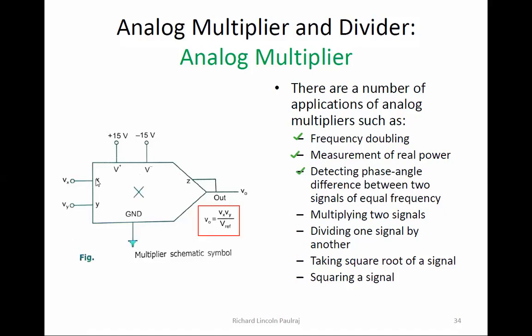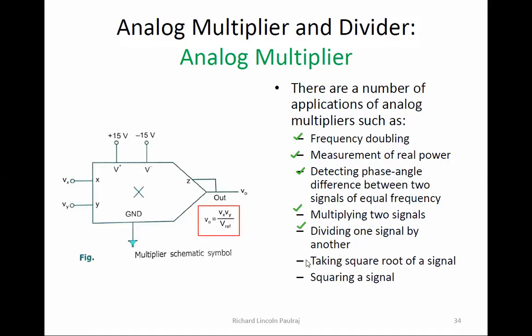Multiplying two signals, X and Y, we're going to see how it's going to multiply. Dividing one signal by the other, so after this analog multiplier, we'll also see the analog divider. Using the same circuit, we're going to connect it to another op-amp, and we will try and see how this dividing feature is extracted.